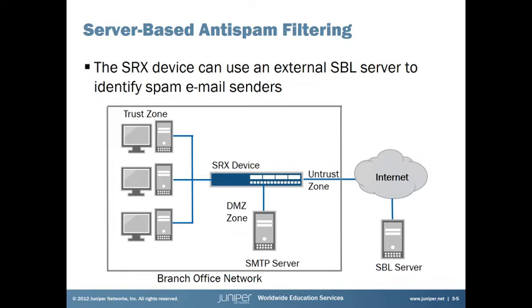If you send enough emails to the wrong email addresses, you can end up on a block list. For example, if you misspelled someone's email address, and you send an email to that address, if you do that too often, you can end up on a block list.